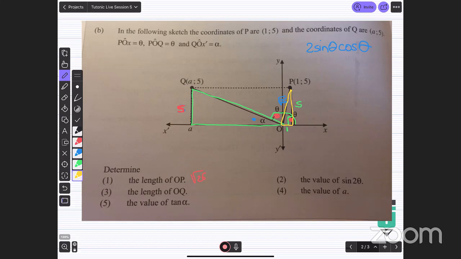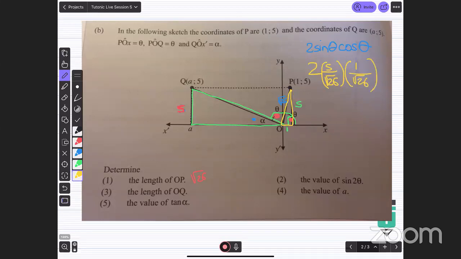So what's sine theta going to be? Naima, any ideas? Sine theta in this triangle, in the yellow triangle. Will it be 5 over root 26? Okay. And cos theta? 1 over square root 26.